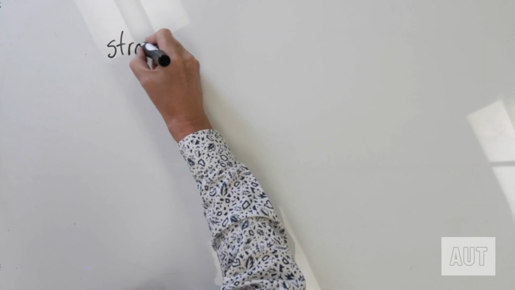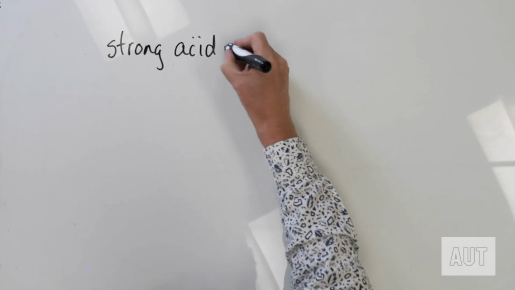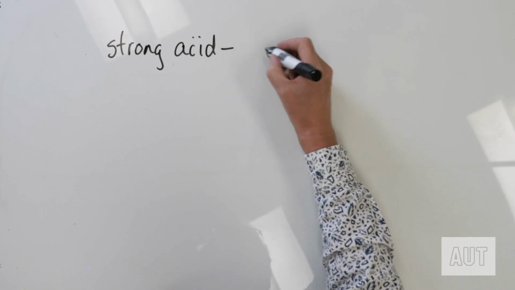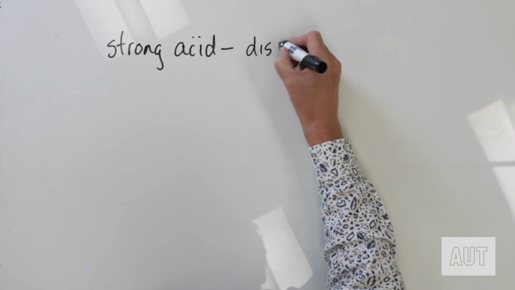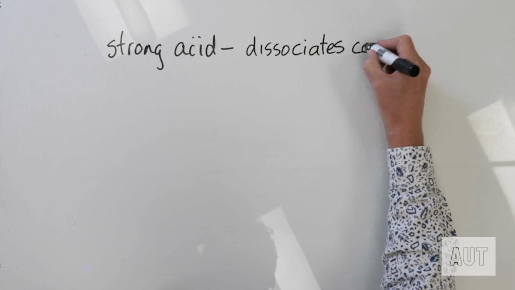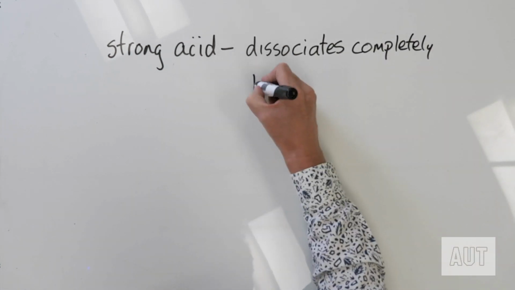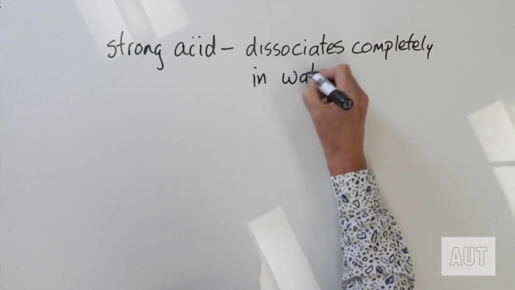And strong acids, what's the definition of a strong acid? So a strong acid, we would say a definition of that is one that dissociates completely in water. So in other words, a strong acid will donate its proton completely to water, okay?